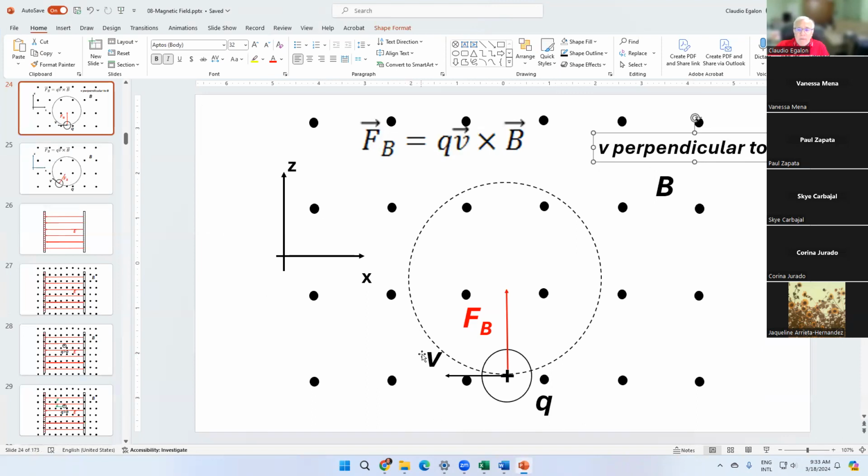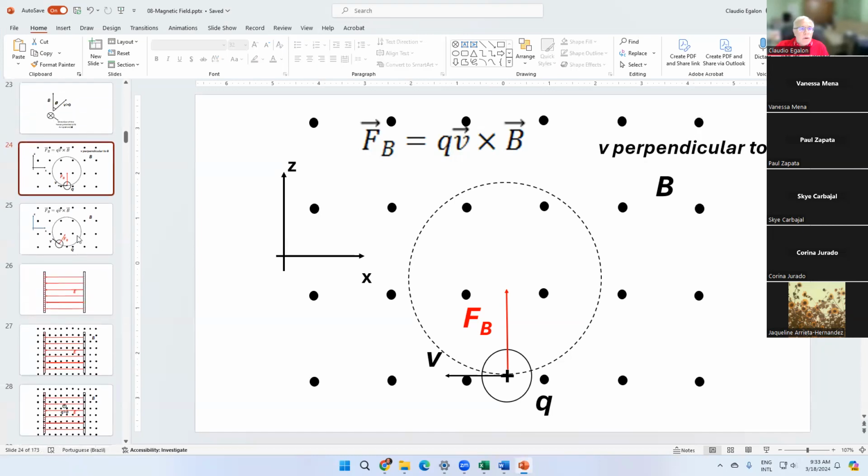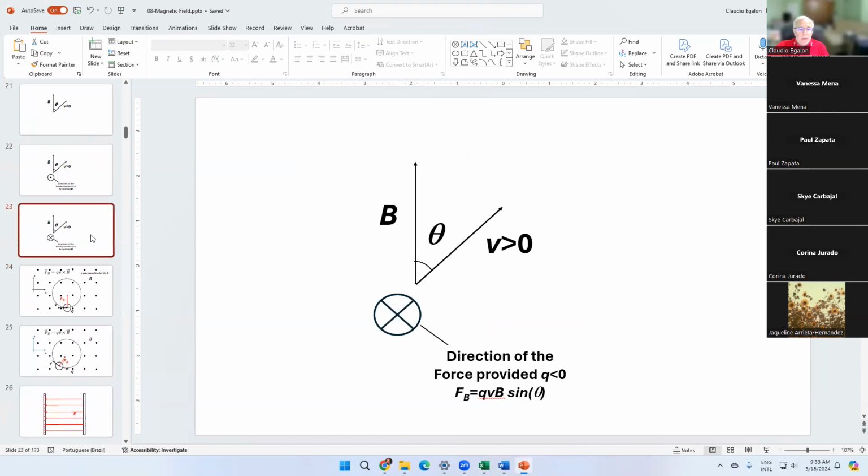Now suppose that the velocity vector makes an angle different from 90 degrees with the B field. We can go back right here in this figure. See, in this case there's an angle theta here. Notice that we are going to have a component that's perpendicular to the B field and another component that's parallel to the B field.